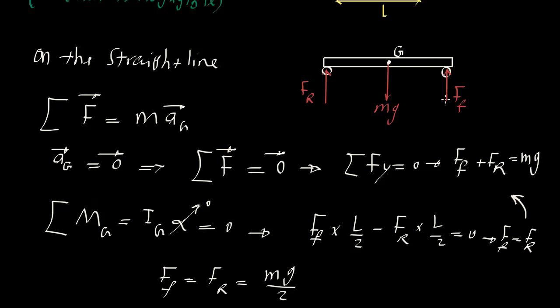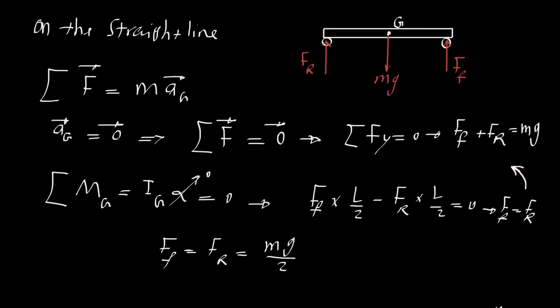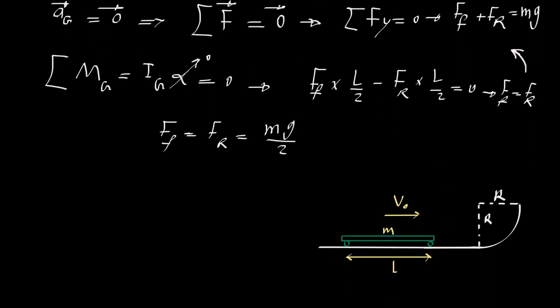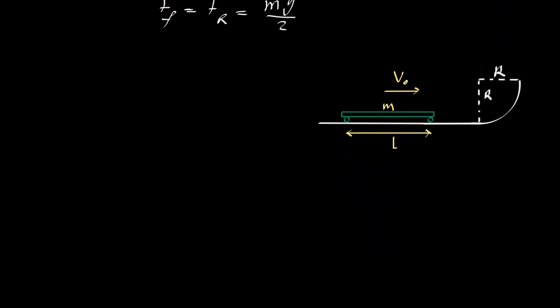So the third scenario is that this force would be larger than mg over 2 and this would be smaller, and the last scenario is that this one would be smaller and this one would be larger. So you can pause the video and think about it to see what your intuition says about this problem.